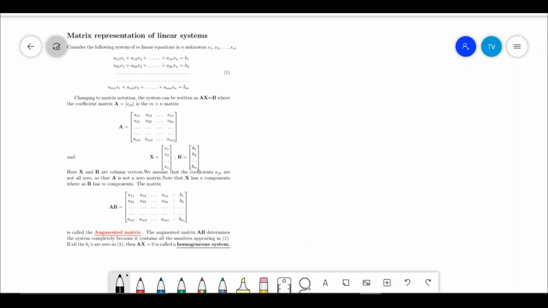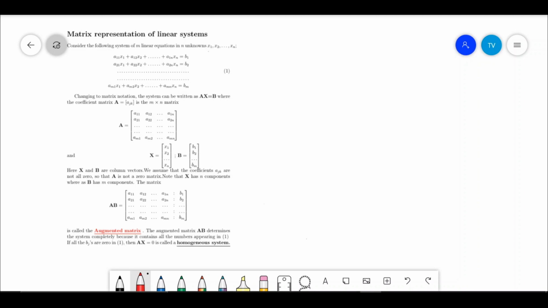Consider the following system of m linear equations in n unknowns x1, x2, etc., xn. I have given here a set of m equations.